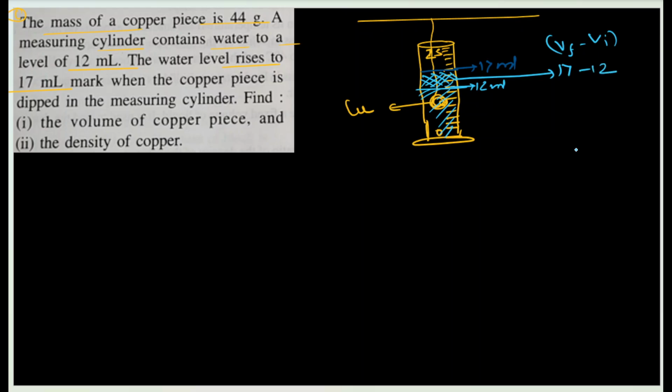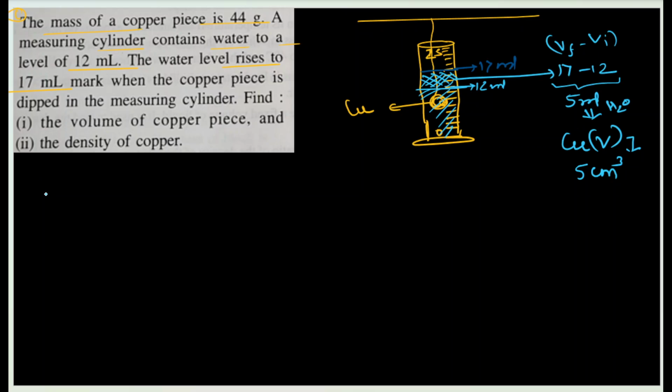What is the difference? 5 ml. I'm going very slow. So this one is 5 ml of water, but due to the copper piece. So that means it's an indirect way to take out the volume of copper. So what is the volume of copper now? 5 centimeter cube. Hopefully you understand this.